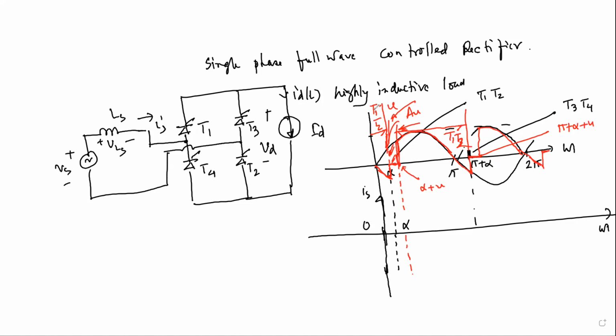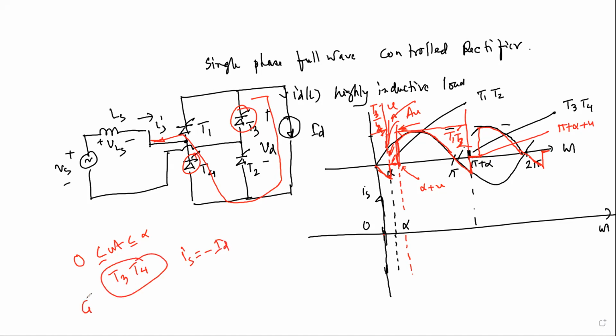Sorry, here T3 and T4, T3 and T4. So 0 to alpha, T3 and T4 should be conducting. That means this one and this one. So current should go like this. So then your Is might be equal to minus Id, with T3 and T4 conducting. The current is constant, so we should get minus.